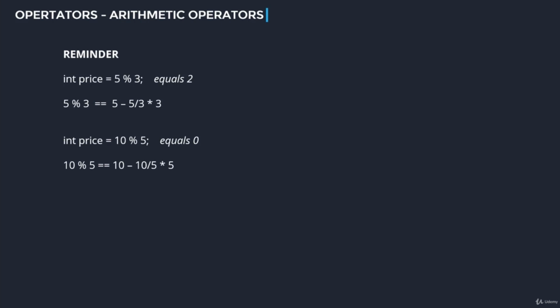Okay, one more. Here, 13 % 7. So the result is going to be 6, because if we divide 13 by 7, we will get 1. And after we multiply that by 7 and subtract it from 13, we will get 6.